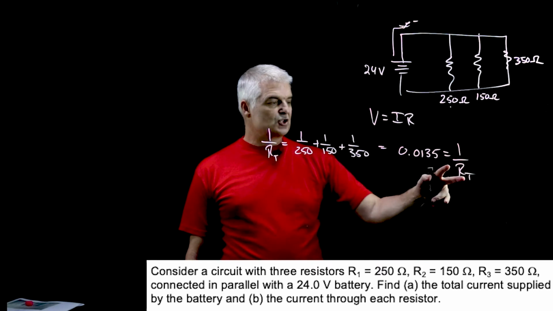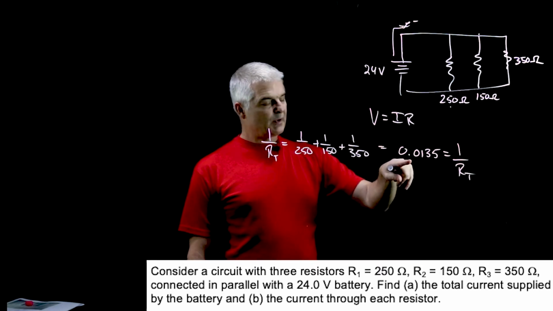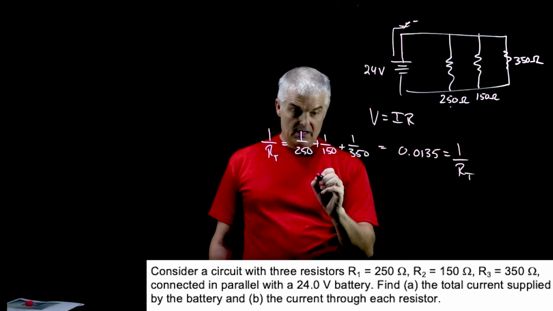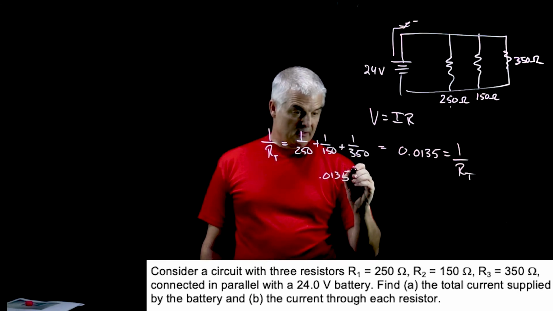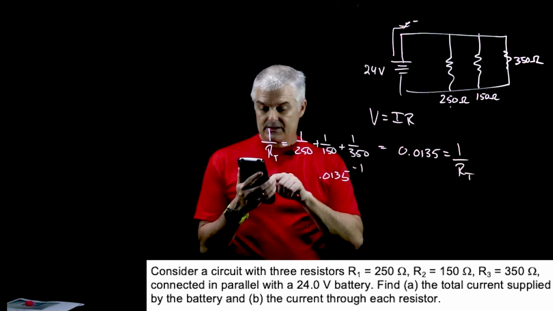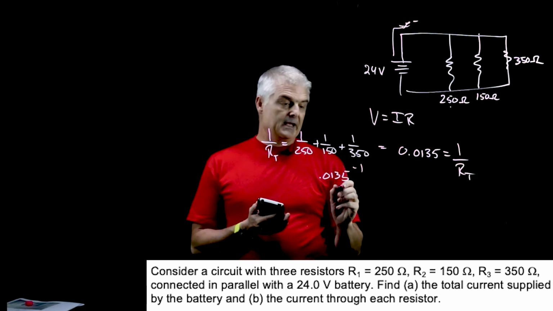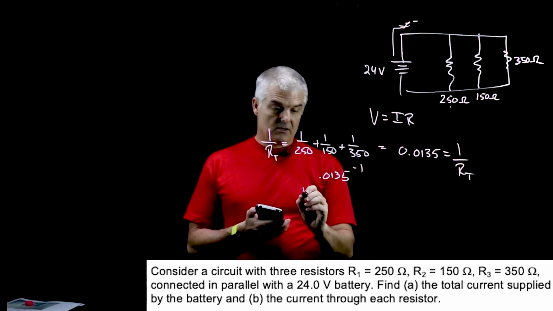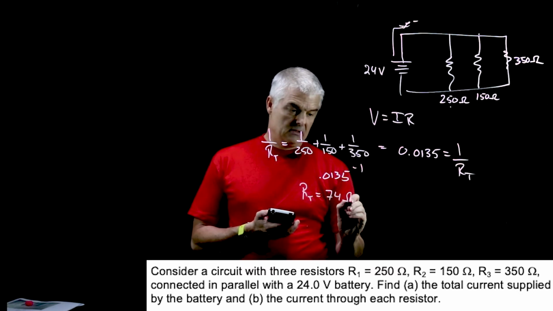So to get just the R total, you have to take this to the inverse power. So 0.0135 to the power of -1, that's inverting it. On my calculator I use the caret, to the power of -1, and I get R total to be 74 ohms.